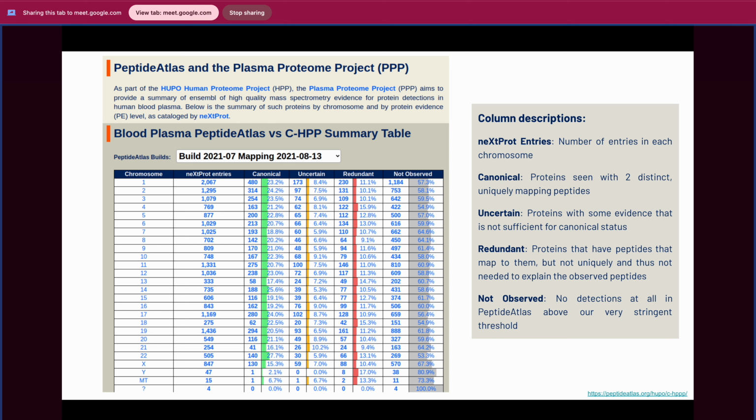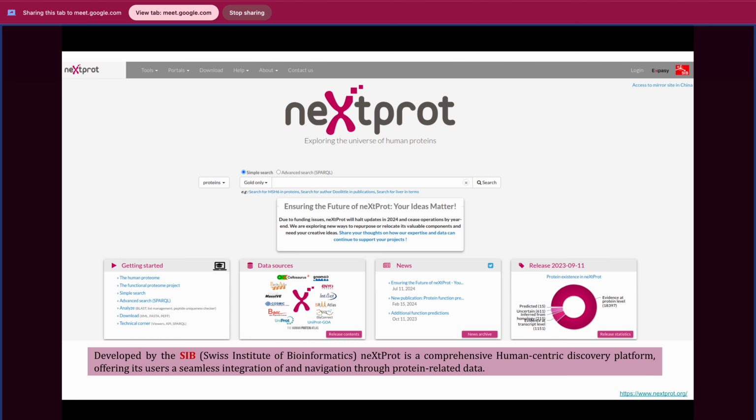And here we are talking about the PeptideAtlas, which takes data from NextProt, and NextProt also takes data from multiple other sources. All these things are linked to one another; PeptideAtlas is not only identifying everything, but is also dependent on other repositories for its datasets.